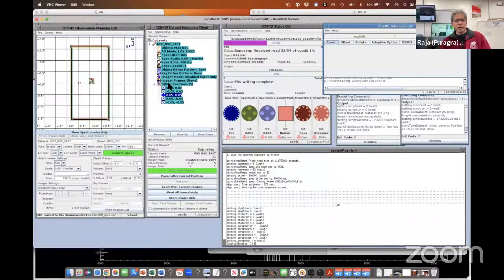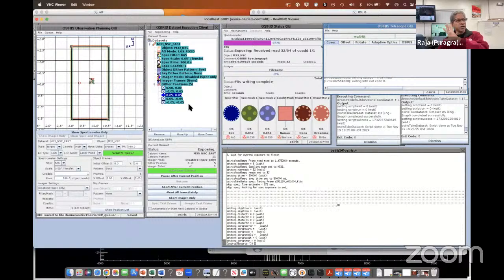You can see in what I'm highlighting here, we did a 0, 0, the central point of the pointing. We did one at minus 0.05, plus 0.05 from that, so that's the upper left, because minus in X, plus in Y. Now we're doing plus 0.05, plus 0.05, the upper right. Then we do the lower right, and finally the lower left. So this is the pattern of 5 15-minute exposures we're doing.